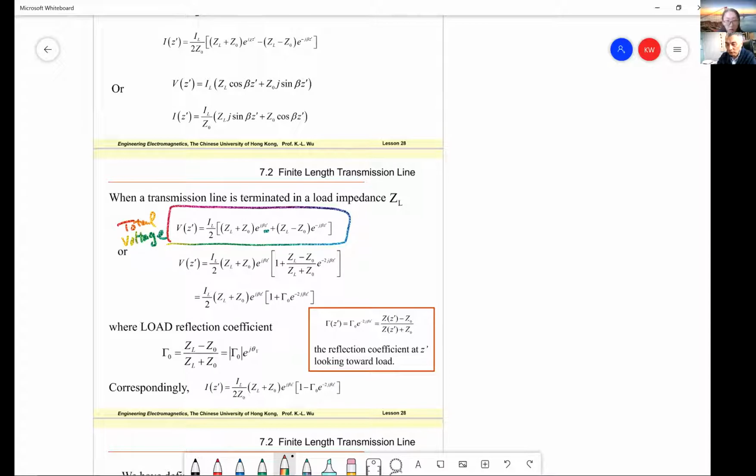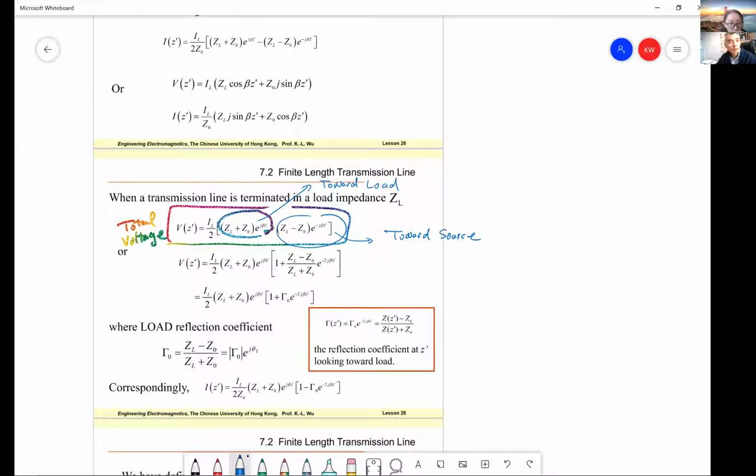Therefore we have 2 waves. In this case, this wave is propagating toward the load. Now we don't use positive z or negative z anymore. We call this one toward the load, and this wave is toward the source.